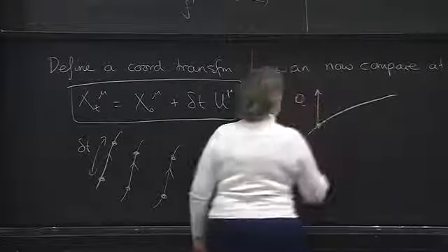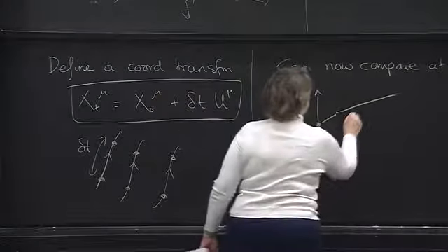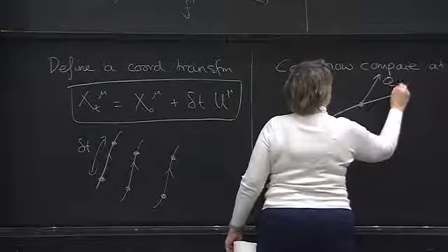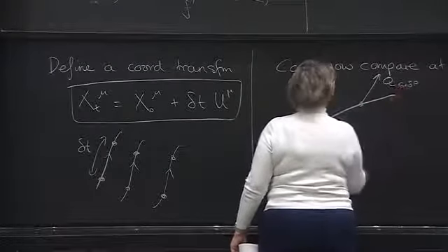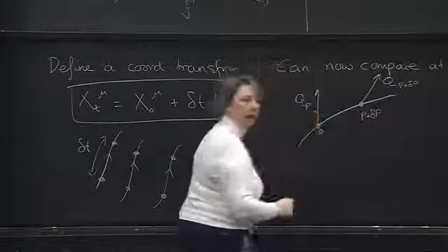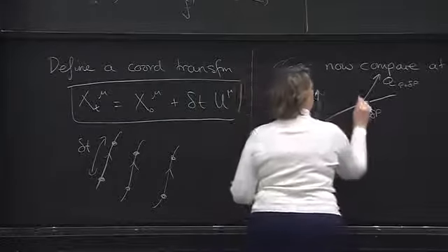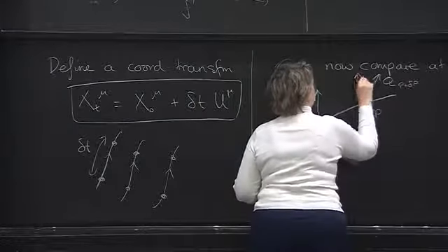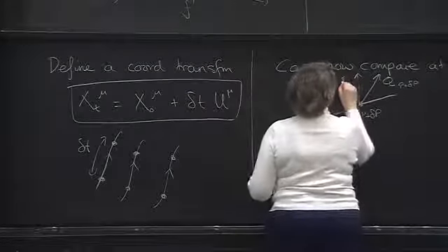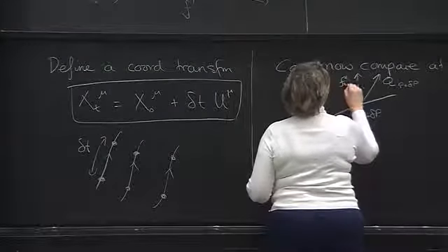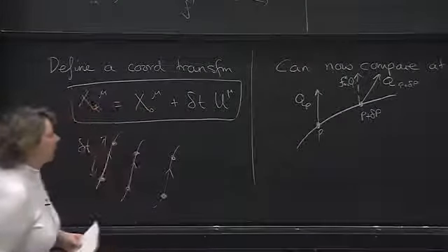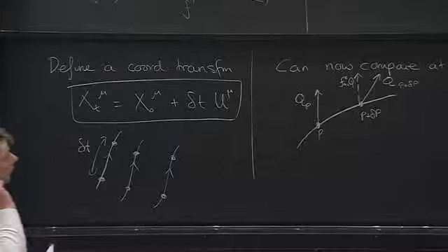So just notionally, if this is our Q at a point P, this would be our Q at P plus delta P. And now we know how to push forward that Q to the point P plus delta P. So this is the idea of what we do with the Lie derivative.